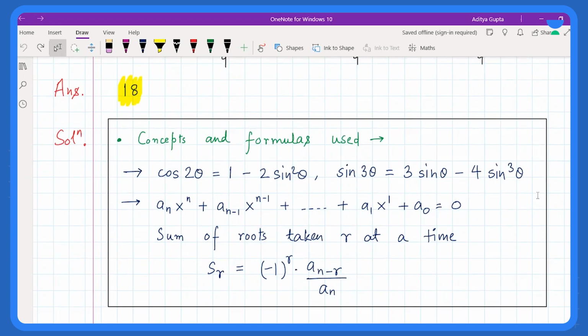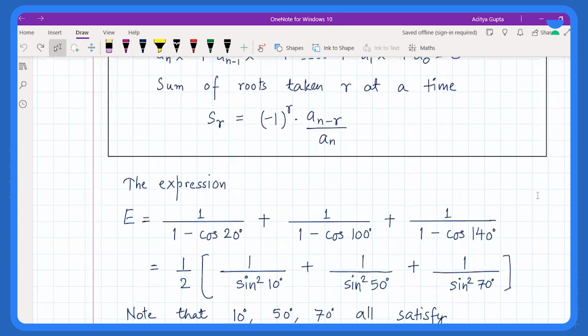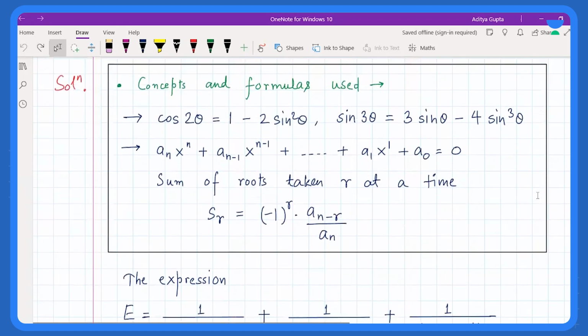Moreover, for a polynomial equation, the sum of roots taken r at a time is given by this formula, which is also taught in the polynomials chapter in class 10th. Now, the given expression can be written in this form. The reason is that I've used the formula cos 2 theta is equal to 1 minus 2 sine square theta.